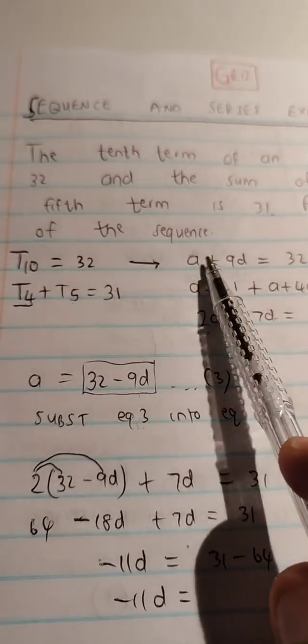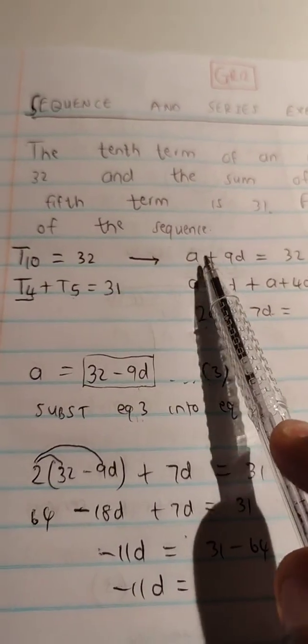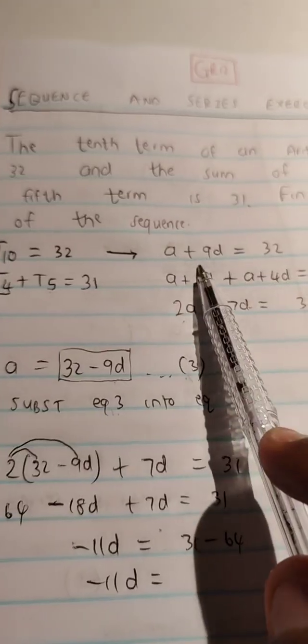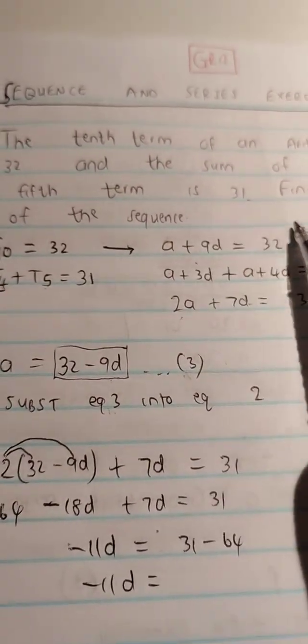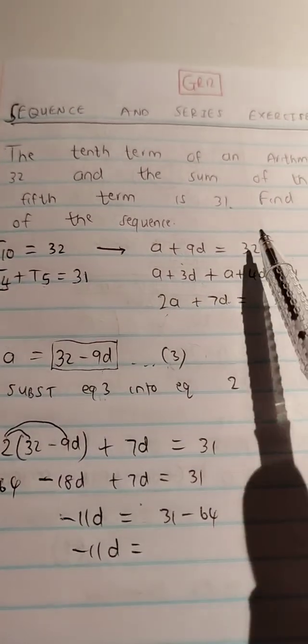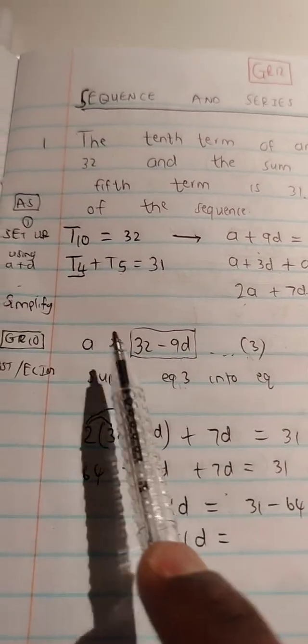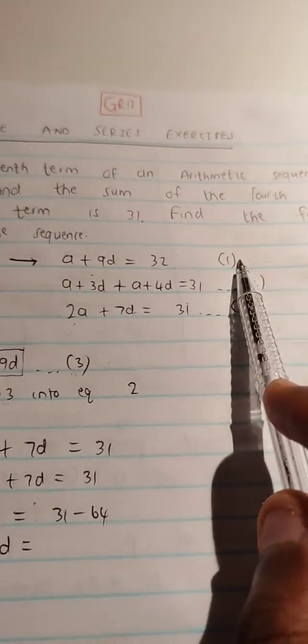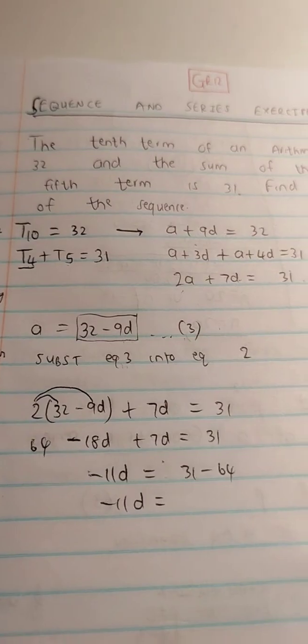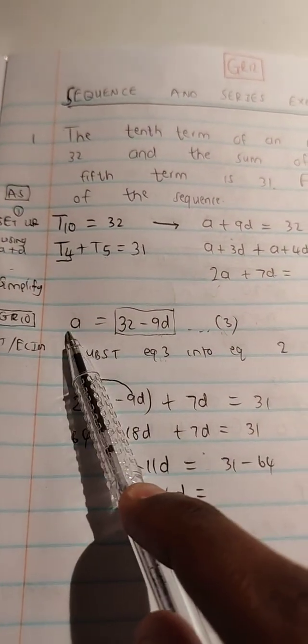In other words, I isolated a on the left hand side, which means 9d, which is positive, gets transposed to the right. That becomes 32 minus 9d. So a is equal to 32 minus 9d.